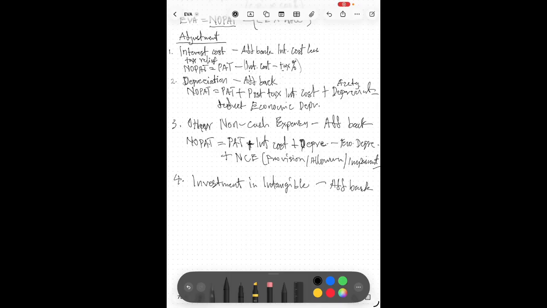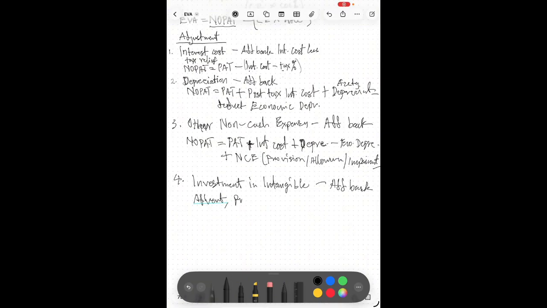Research and development, add back. So research, all these investments in intangibles, like advertising, is an intangible, which is based on management discretion.